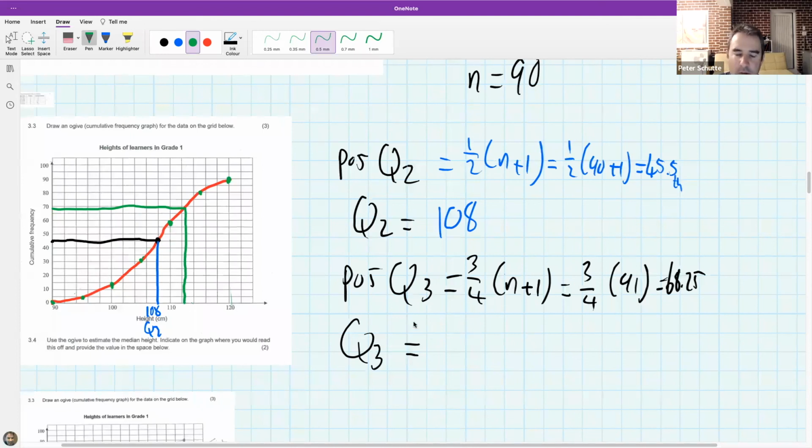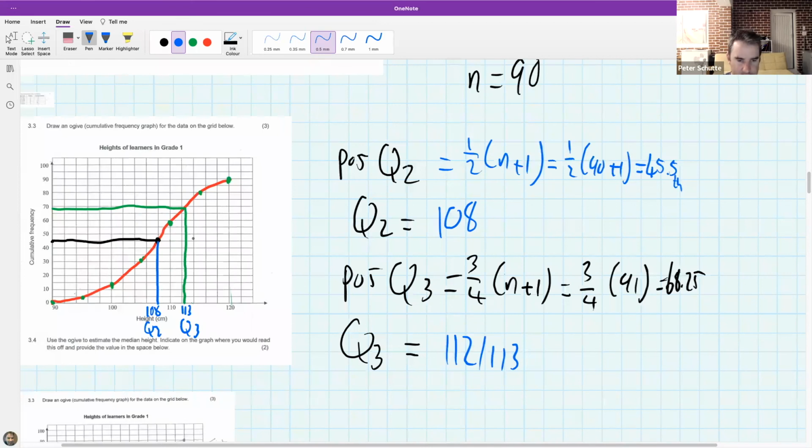Thanks, Mr. Ace. Pleasure. So I like what I'm seeing. If you look around here, the answer is going to be around about 112 or 113. It's not exact, but you can see that it's going up in twos. So Q3 will be around about 112 or 113 from my data set.